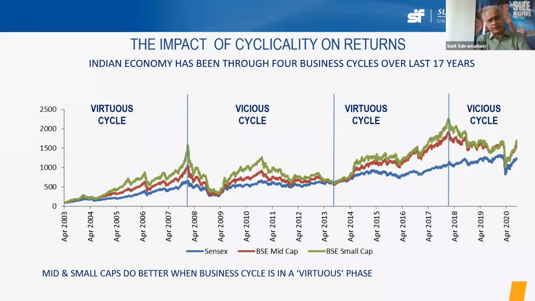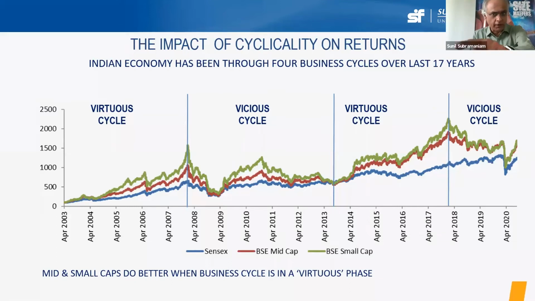And in December 17, you had a confluence of events. You had negative food inflation, then you had demonetization's impact coming through, you had the GST implementation, and you also had the NBFC crisis. So all of these put together put the Indian economy back on a slowdown into a new vicious cycle. So you can see over the last 17 years, economy has seen 4 cycles.